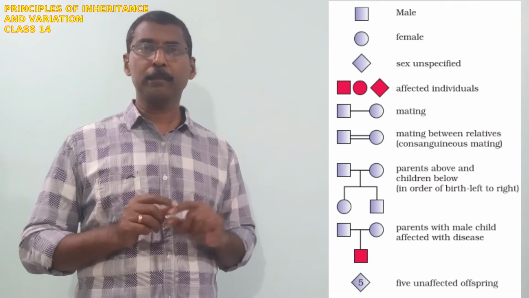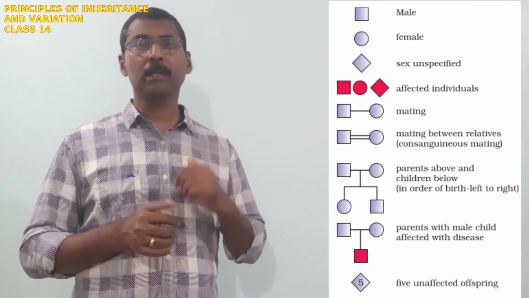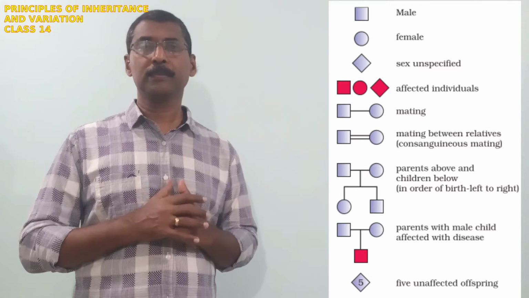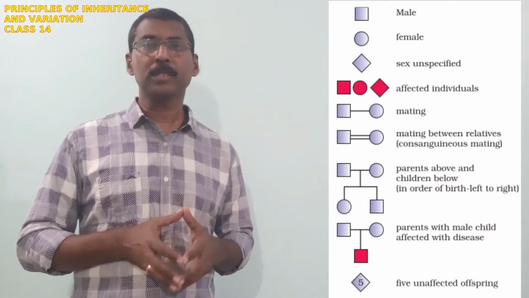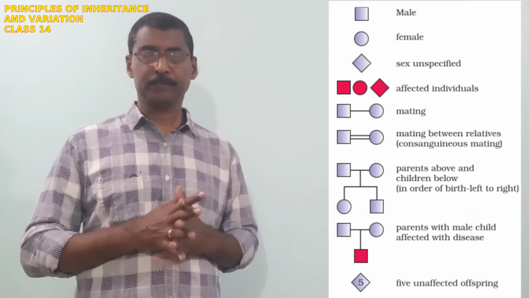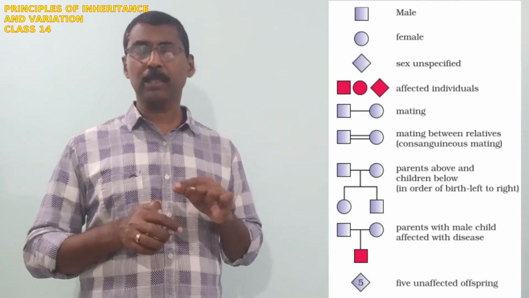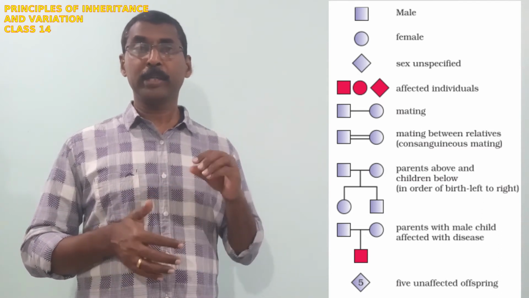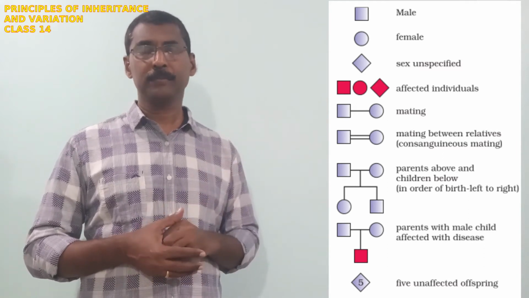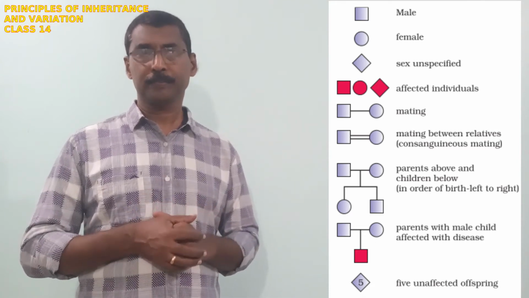A male is represented by a square and a female is represented by a circle, and a rhombus represents an individual whose sex is not identified or not specified.